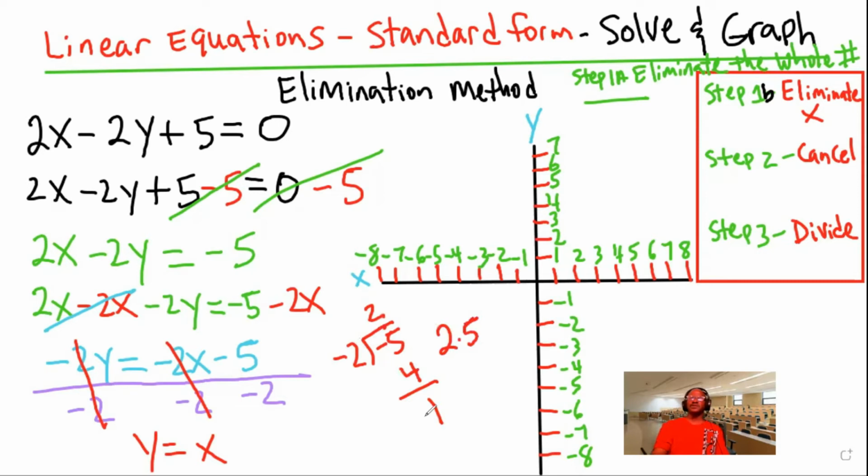And so the way we write this is y equals x plus 2.5. And remember this x right here, whenever you have a variable by itself, put an imaginary 1 next to it. Okay, so what we have here, this is actually our answer here.